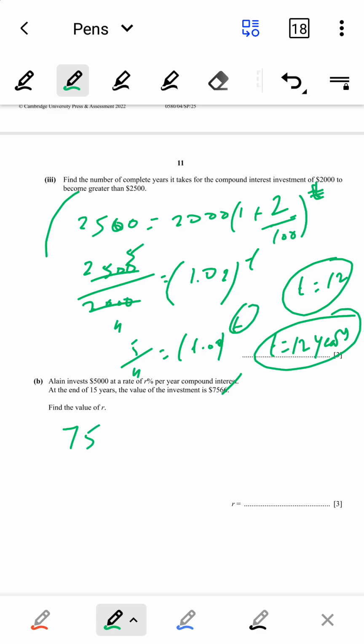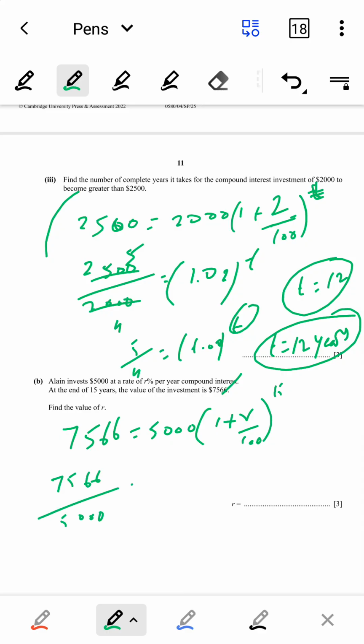So 7566 equal to 5000 of 1 plus r by 100 whole power 15. So 7566 by 5000 is equal to 1 plus r by 100 whole power 15. This is also very simple, because calculator is allowed.